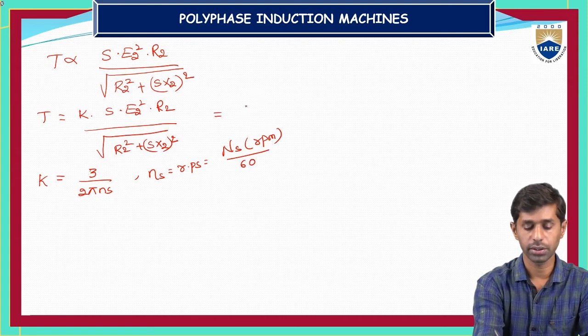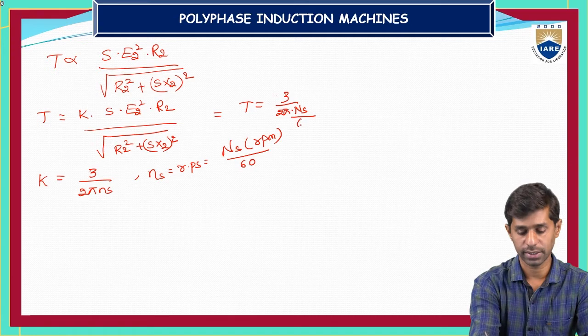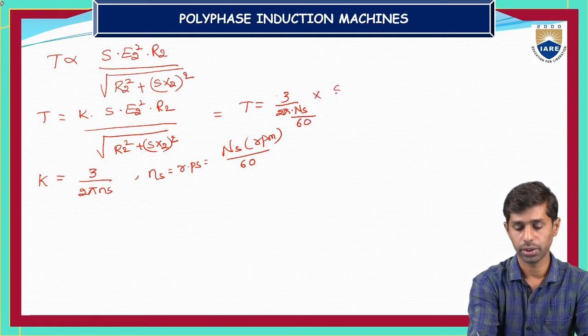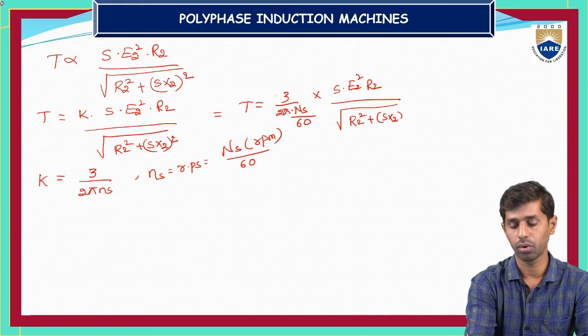So from this, T equals K, that is 3 by 2 pi Ns, where Ns is the synchronous speed in RPS, which is Ns by 60, into slip times E2 square R2 by the magnitude of impedance, that is square root of R2 square plus S times X2 whole square.